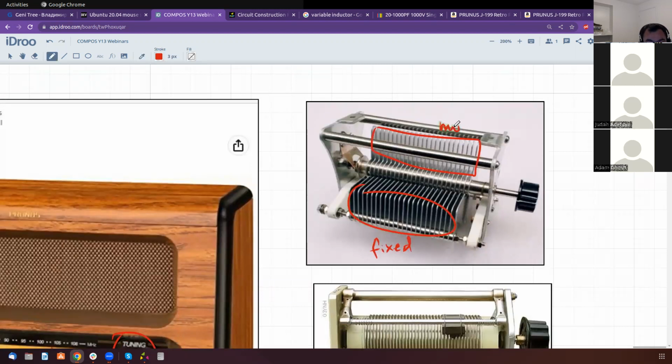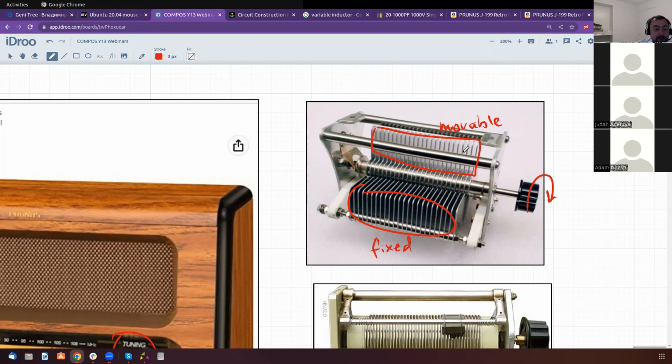These are movable. When you turn this knob, these movable plates go in between the fixed plates. And that increases the area of the capacitor plates, and it brings them closer together. So you're increasing the effective area, and you're bringing the plates closer together because they go in between, so the gaps between the plates decrease.